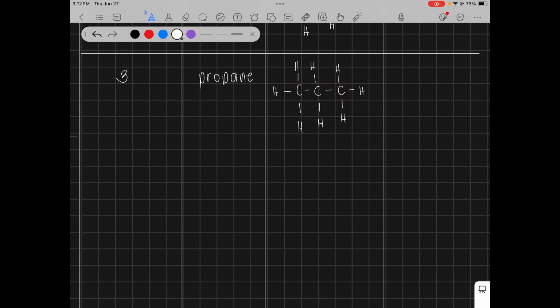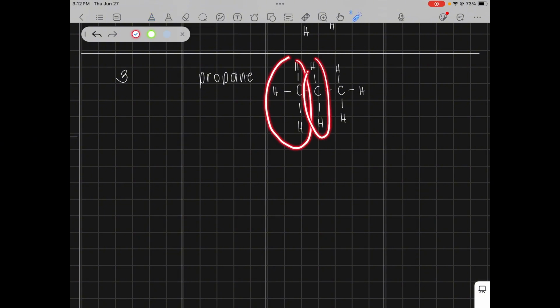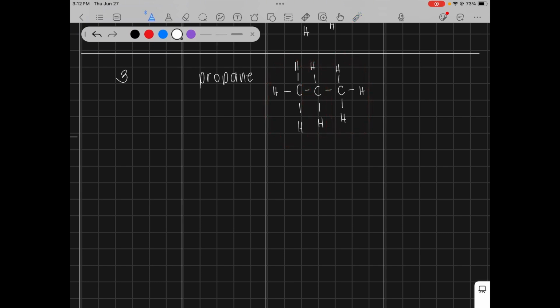And then for the condensed structure, we will first look at this part, and then this. So we'll start at CH3, as you can see here.